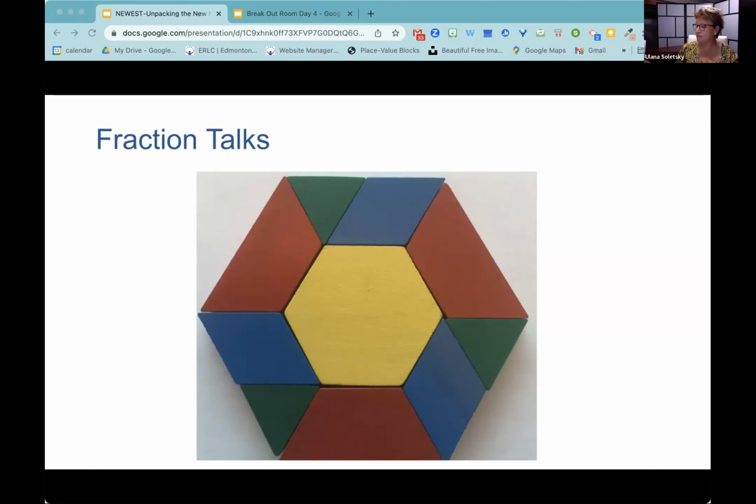I can make 4 yellow parts out of the other parts together with the middle one, so the yellow part must be 1/4. Then the red is half of 1/4, so it's 1/8. The blue is 1/3 of 1/4, which is 1/12. And the green is half of 1/12, which is 1/24.